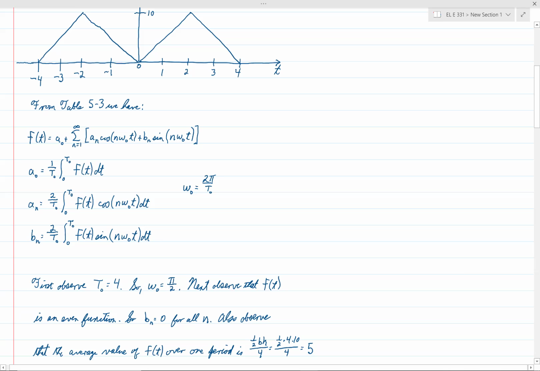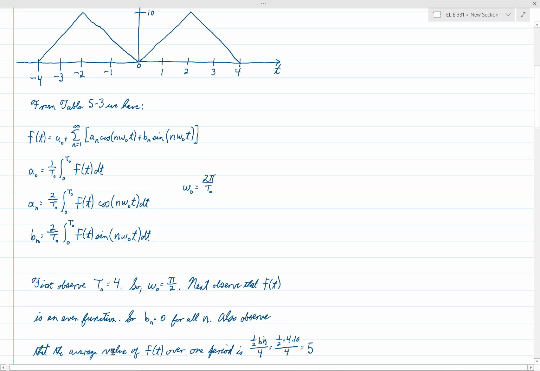And the final thing we can observe is that we can find a0 very easily, because remember, it's just the integral of f of t over 1 period divided by the period. If we integrate this function, it's just the area under the curve, which, since this is a triangle, is real easy.